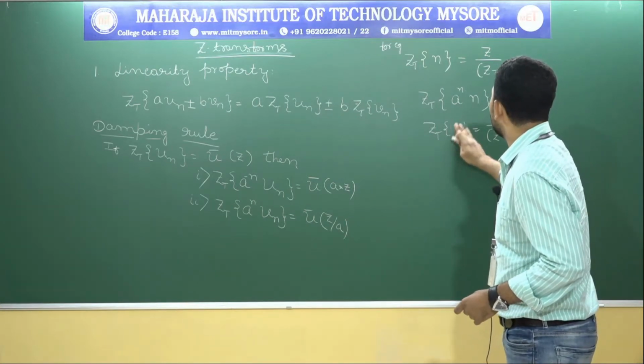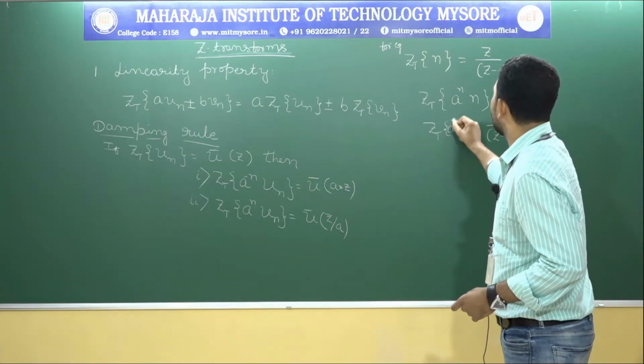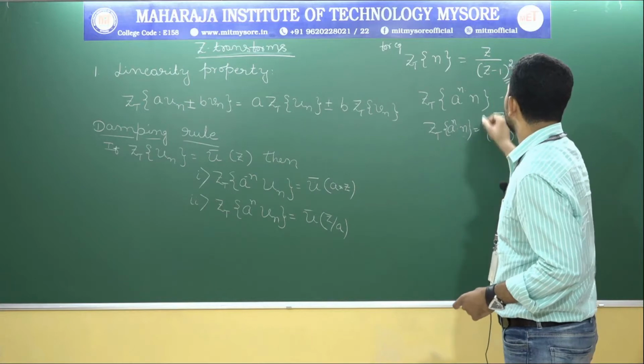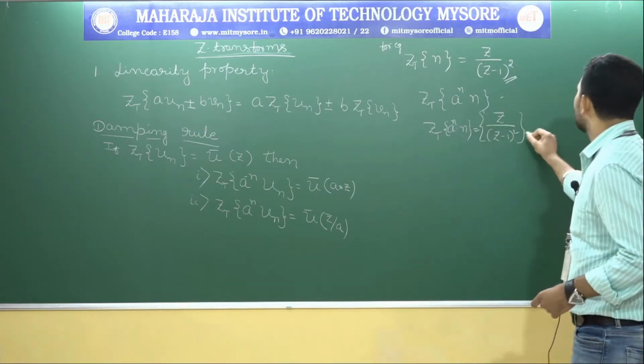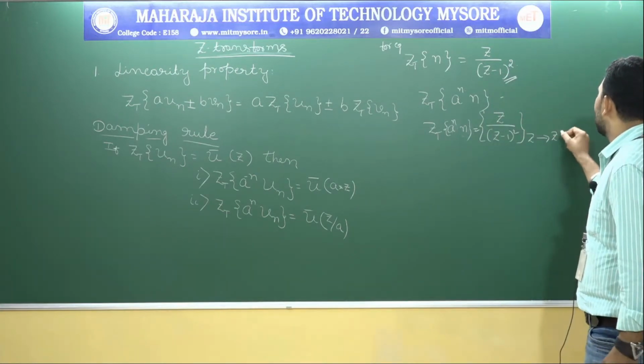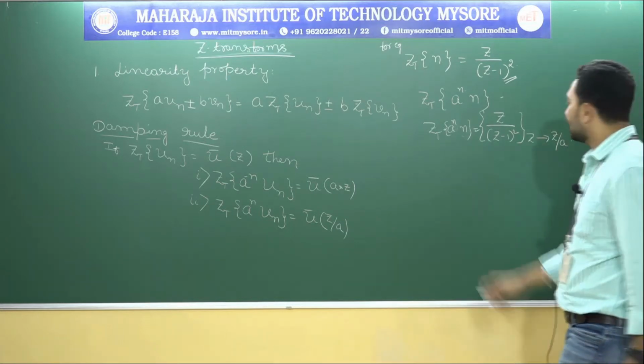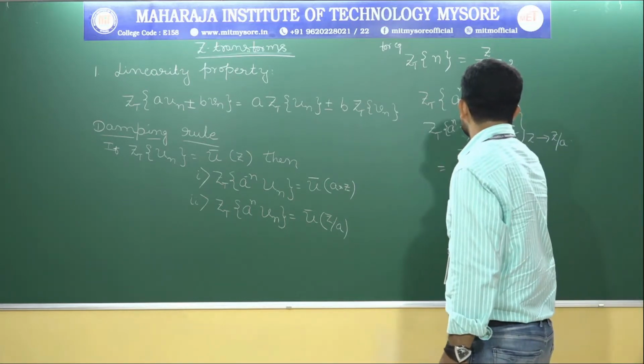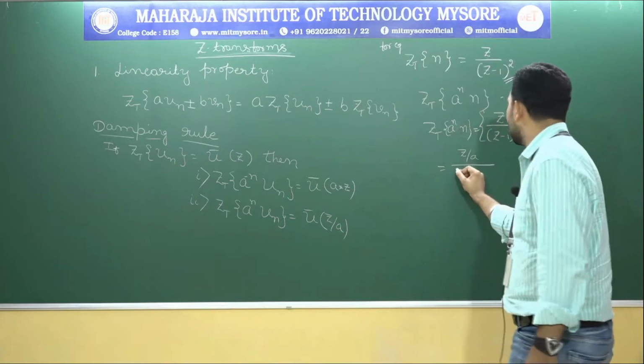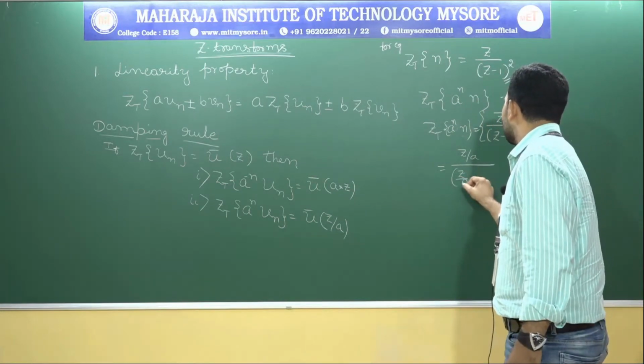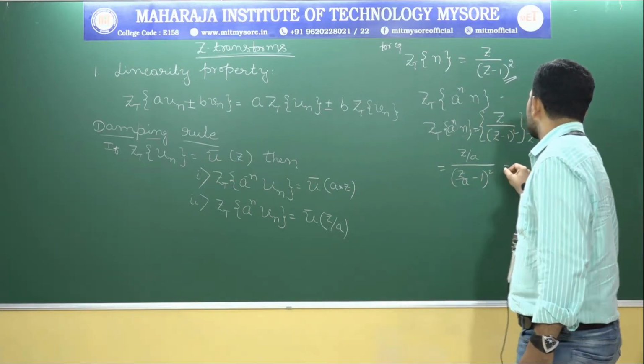Then if we apply a power n into n here, we get z by a divided by z by a minus 1 whole square.